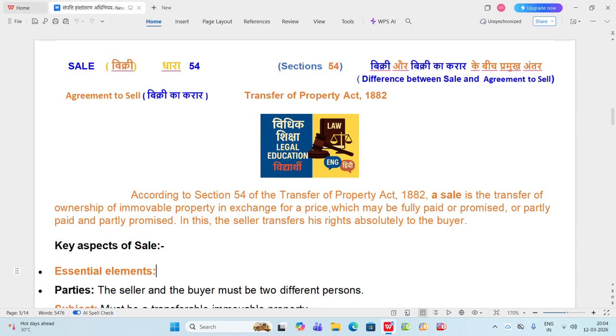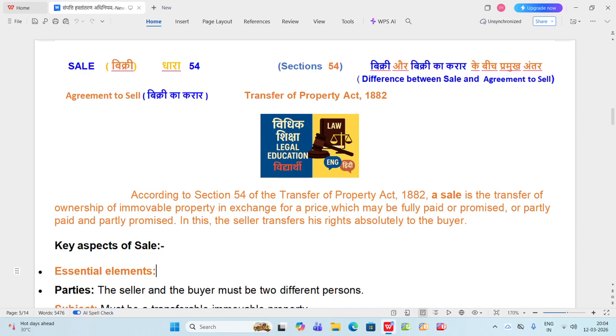In this, the seller transfers his rights absolutely to the buyer. What happens in this case? The seller transfers all the rights of that property absolutely to the buyer.